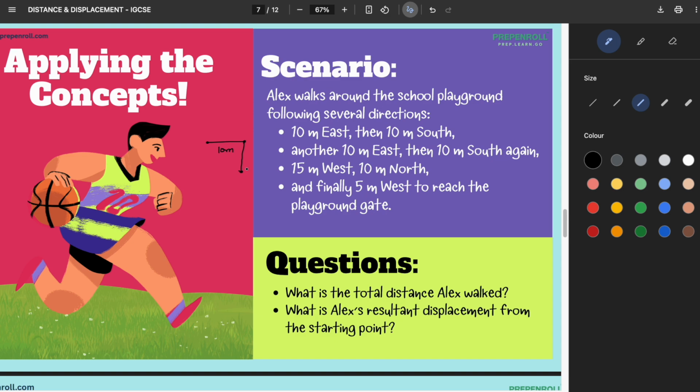Then 10 meter east again, reaching here, and then 10 meters south again, going downward. Then he covered 15 meter west, and then 10 meters north.